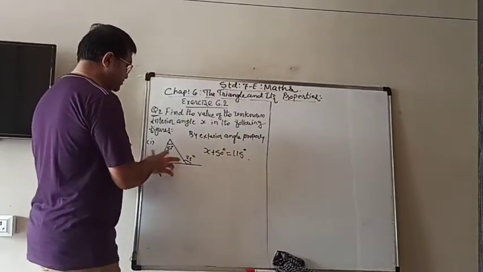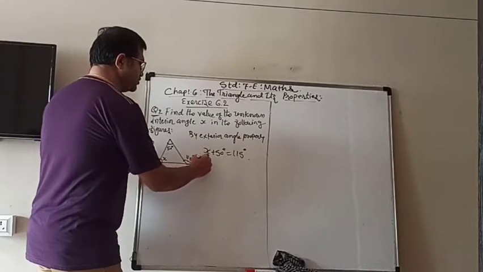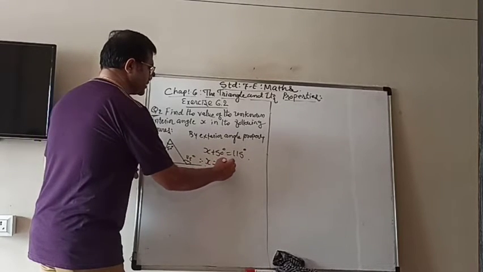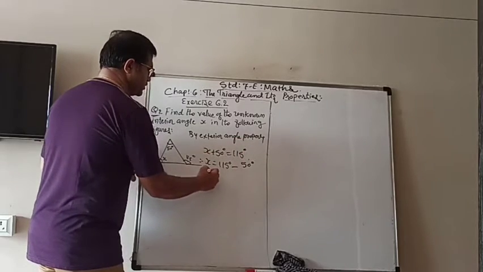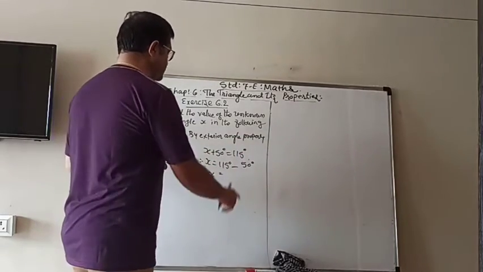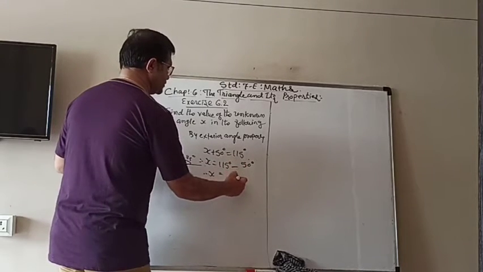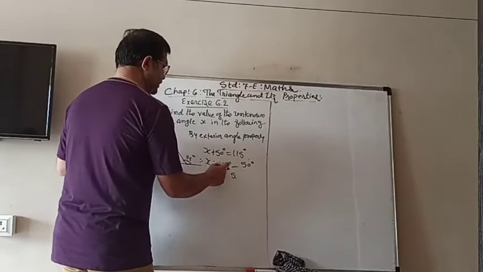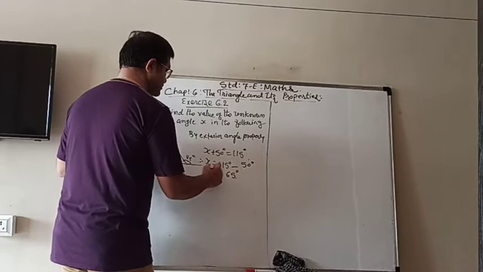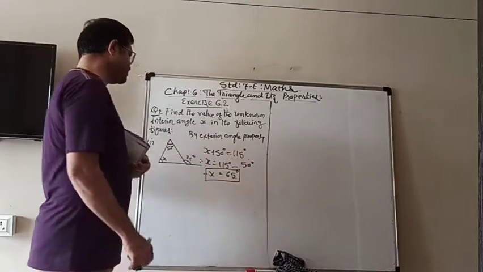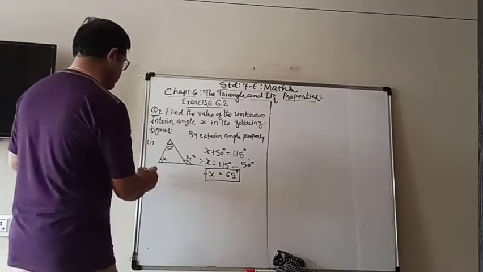Therefore x is equal to 115 degree minus 50 degree. 5 minus 0 is 5, and 11 minus 5 is 6. So the value of x is 65 degree.